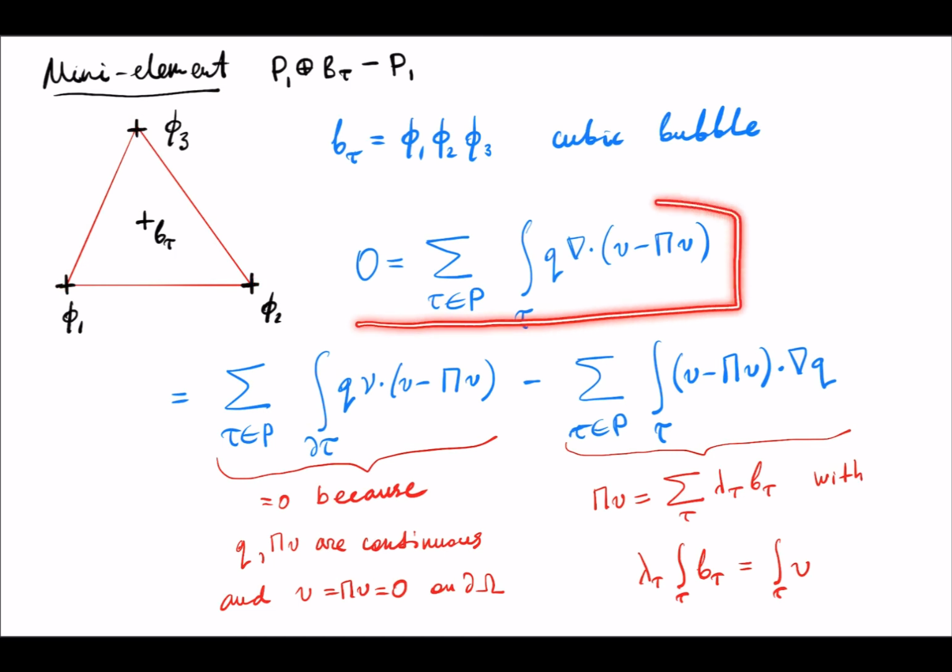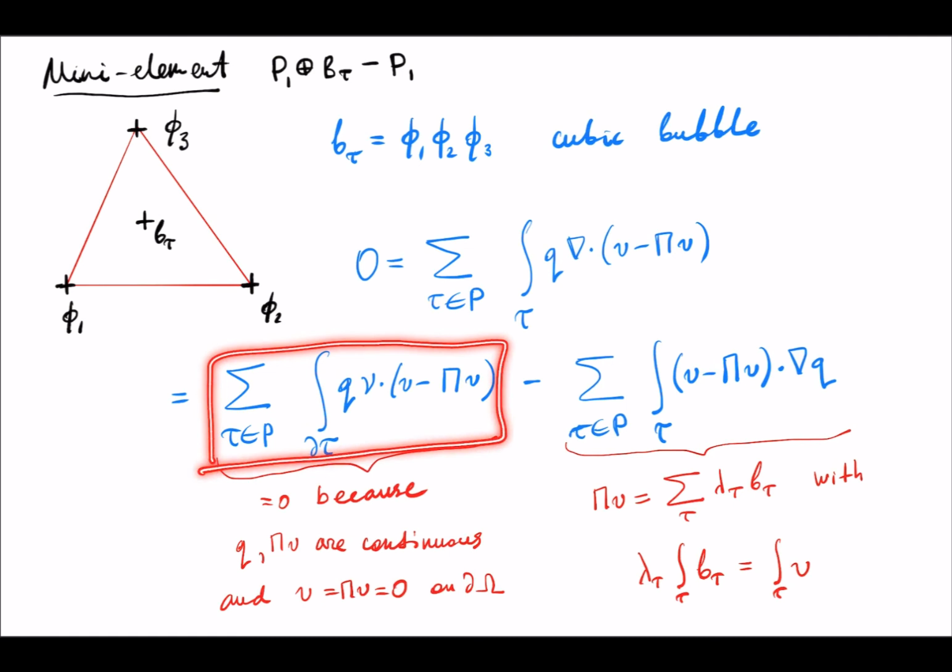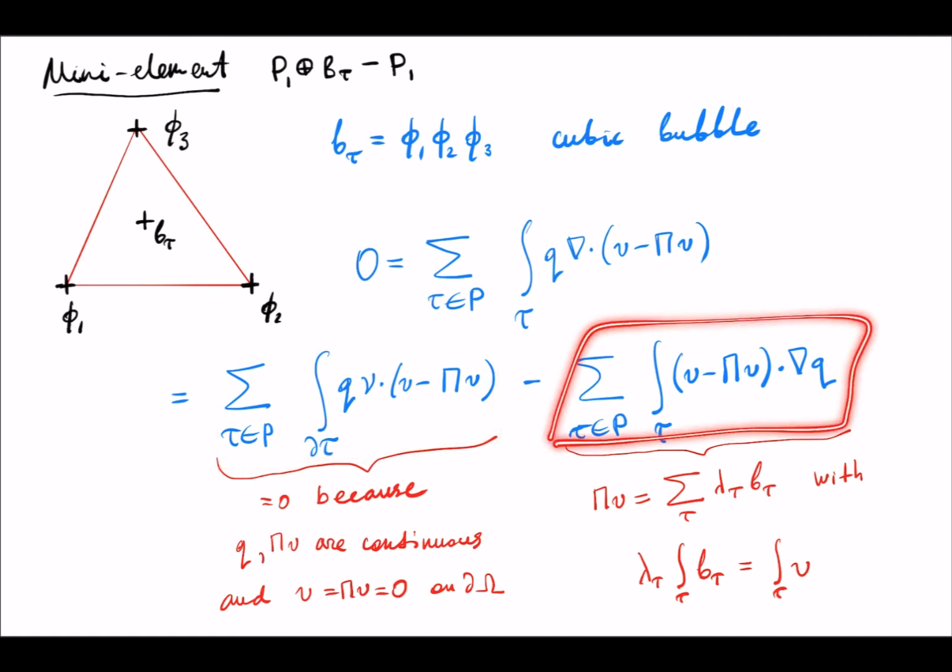Now we write the condition for the Fortin projector and do integration by parts just as before. But in this case, because the pressure space is continuous, we will get in some sense the opposite of what we had before, because the boundary term will vanish and the other term will be non-zero.